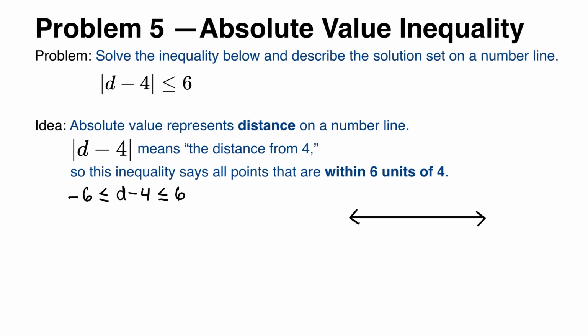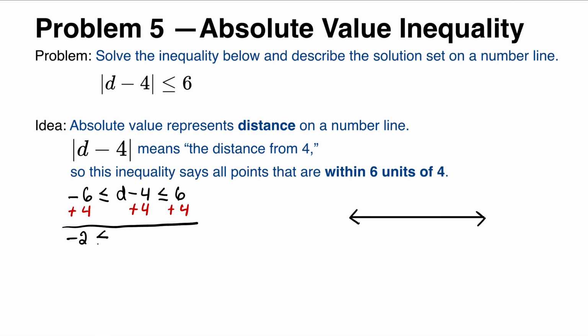So what we have to do though is solve for d. We can do that by adding 4 to all parts of this inequality. So we'll add 4 to -6, add 4 to d minus 4, and add 4 to +6. -6 plus 4 is -2.